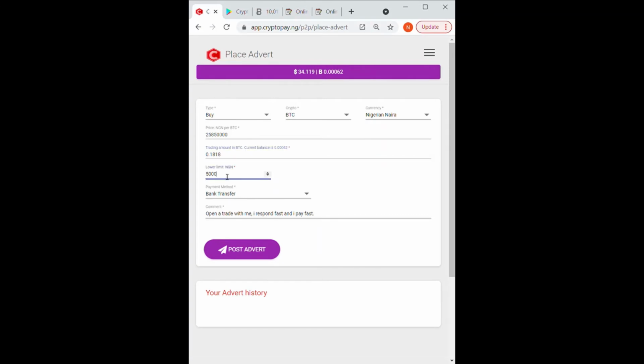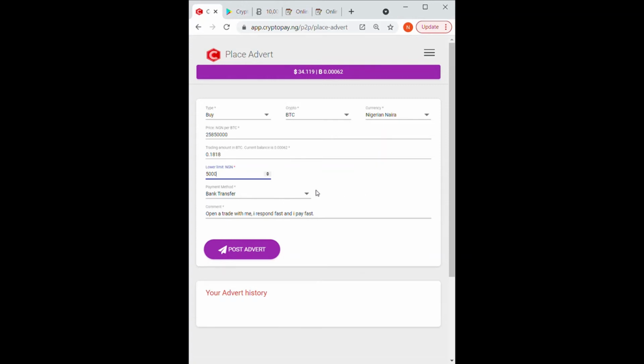Then this last part is the lower limit. This simply means that this is the lowest amount you're willing to buy, 5,000 naira. So anyone that is willing to sell below 5,000 naira would not be able to open a trade with you.